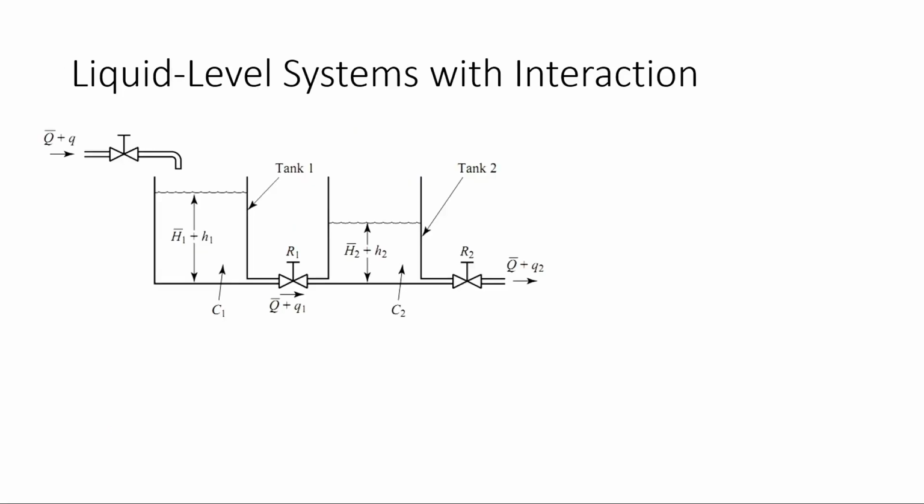Now let us consider the next example, that is the connected tank system. Two tanks are interconnected. Between them there is some resistance R1, and another resistance R2 is connected to the consumer. This type of system is called a two tank system. Similarly, there are three tank systems.